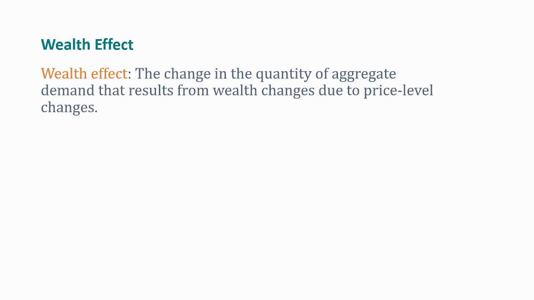If the price level increases, the purchasing power of wealth falls, people cannot buy as much as before, and then the quantity demanded falls. What happens if the price falls? If the price falls, the purchasing power of wealth rises, people are able to buy more, and the quantity demanded rises.